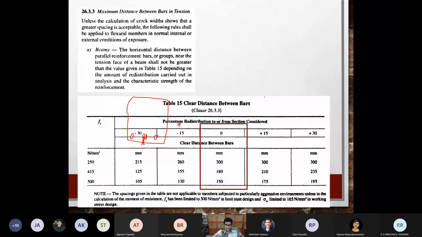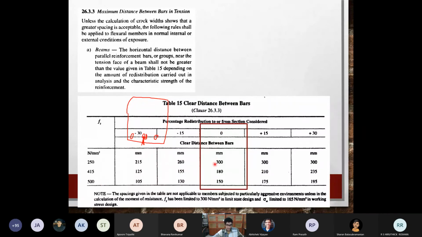In general, for percentage redistribution from the section considered, you can ignore all this minus 30, minus 15, plus 15, plus 30. I don't want to go into what those things are. You just say zero redistribution, and you can just look at the spacing which you have to satisfy.